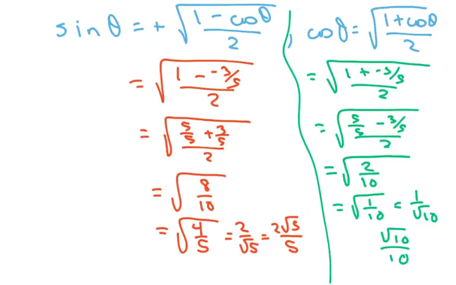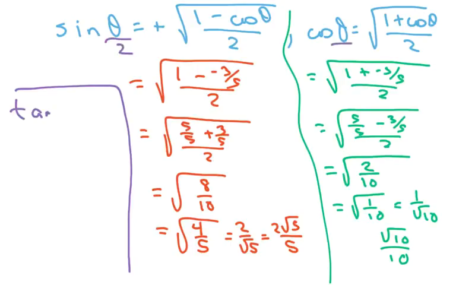Now for tan, oh, I should have put this over 2. Remember, tan of theta over 2 is the same as sine of theta over 2 over cosine of theta over 2.